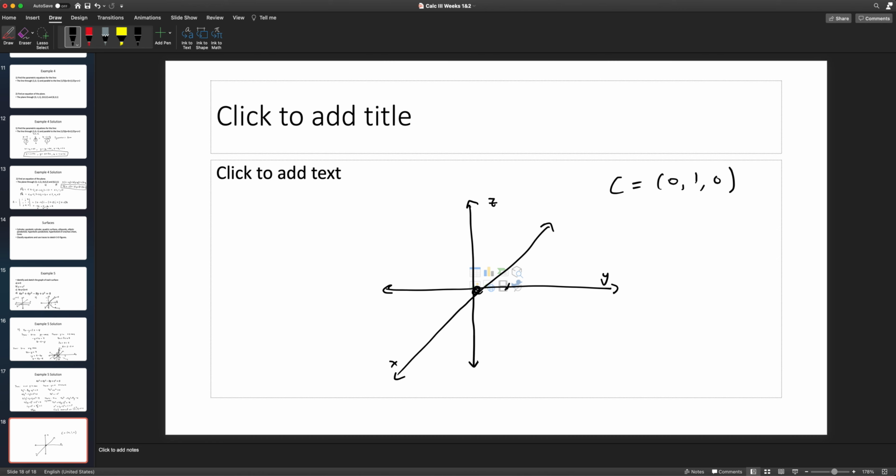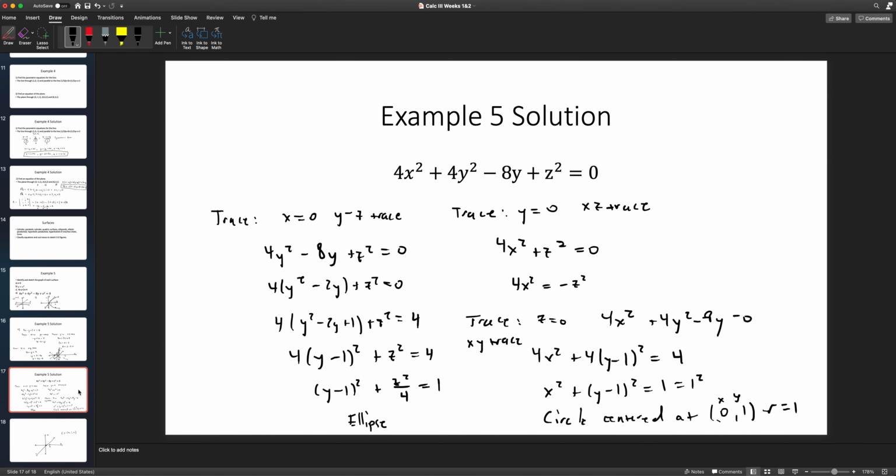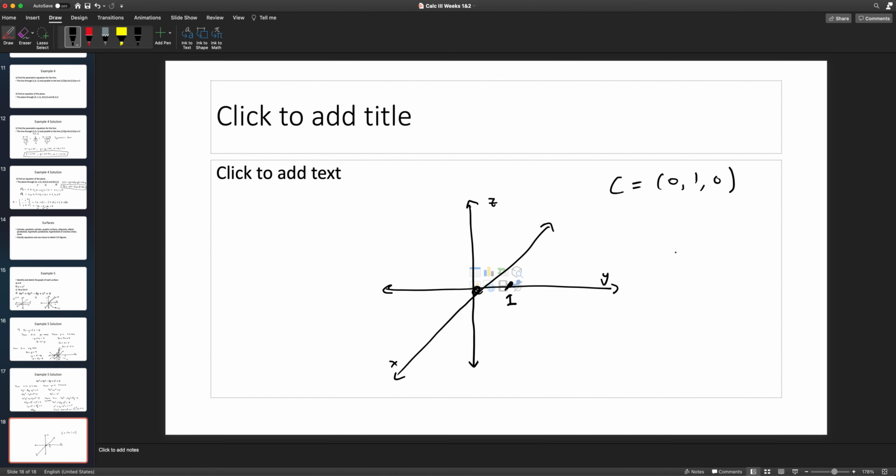So right here is the center, and we can work backwards. We have a circle of radius 1, centered at 0, 1, 0 on the XY trace. So what that looks like is just literally a circle. Let's call that 2 here. Radius 1, like that.